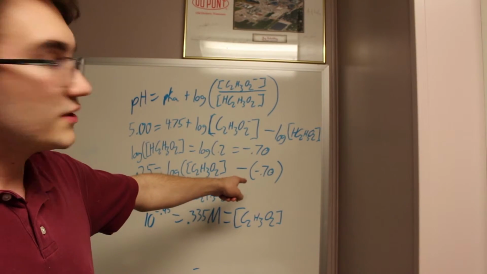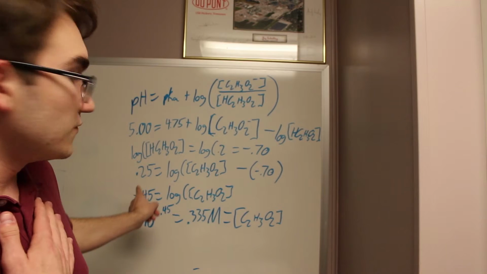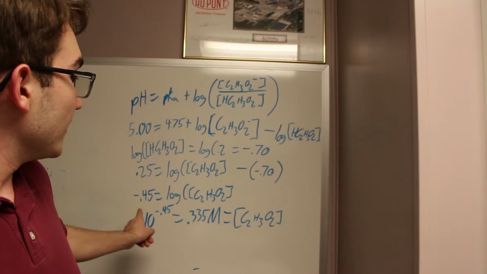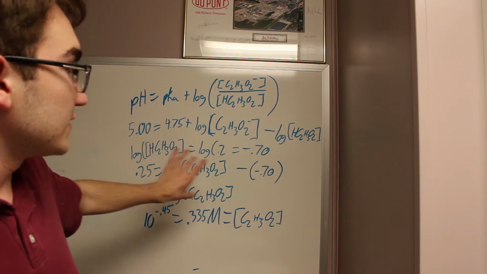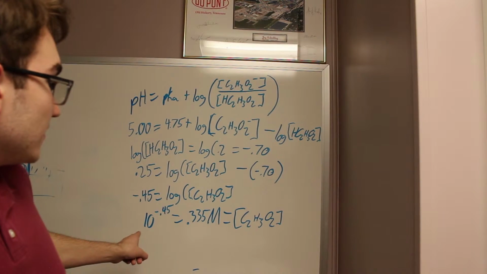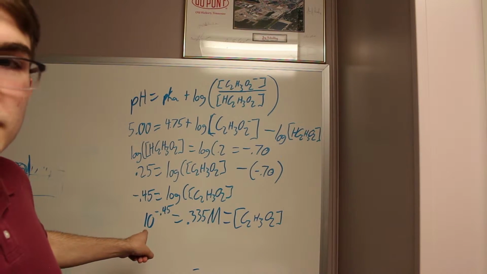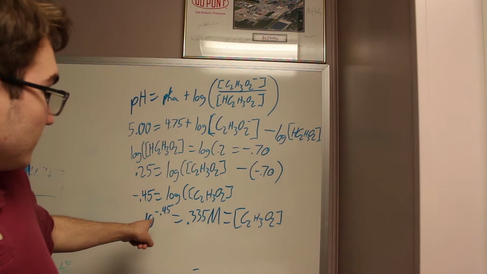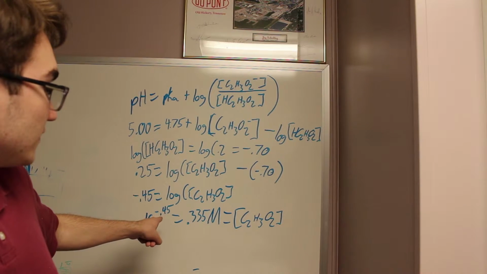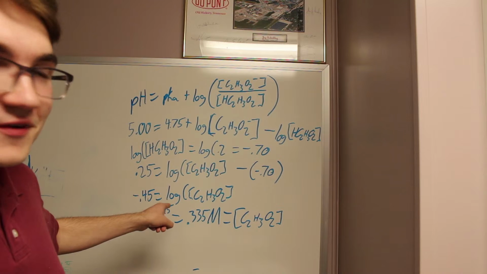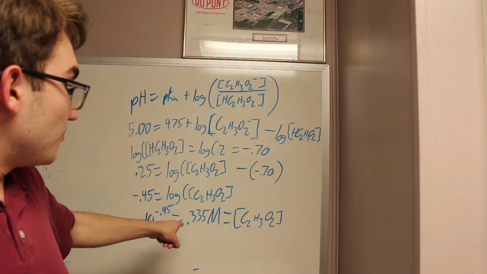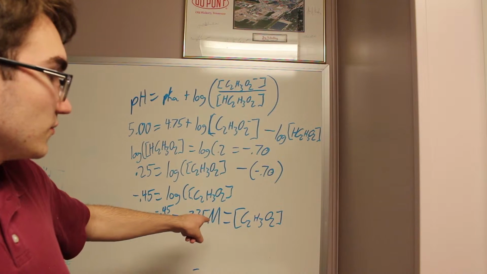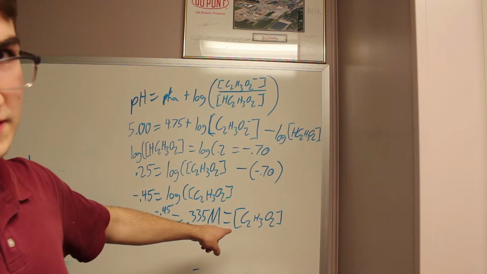If we add 0.70 to 0.25, we get negative 0.45, which then equals the log of the acetate, because we've canceled everything else out. Then we take the inverse log of negative 0.45, and that equals 0.335 molar, which equals the concentration of the acetate.